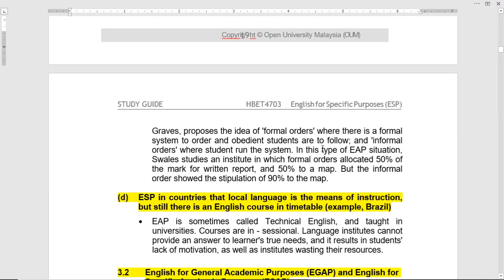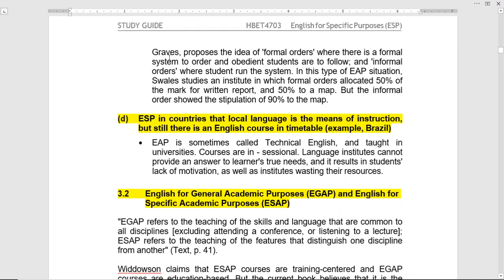Graves, the theorist, proposes the idea of formal orders, where there is a formal system to order and obedient students are to follow, and informal orders where students run the system. In this type of EAP situation, Swali studies an institute in which formal orders allocated 50% of the mark for the written report and 50% to a map, but the informal order showed the stipulation of 90% to the map.